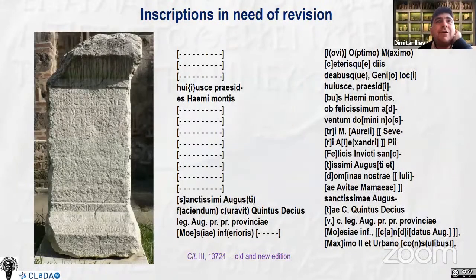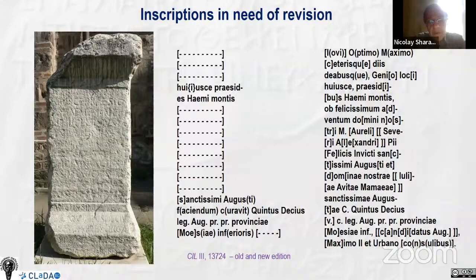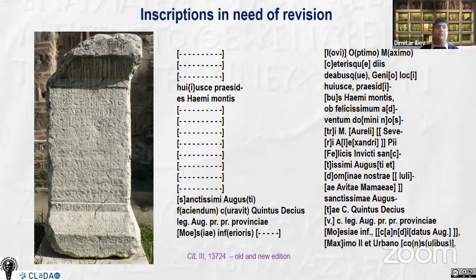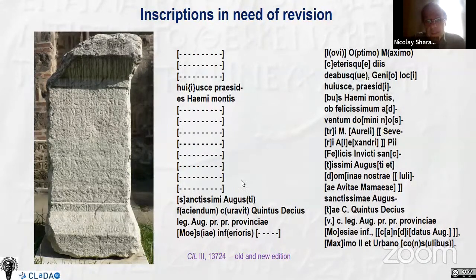Yes, this is a very interesting example. This is something which was published in Corpus Inscriptionum Latinarum. With the help of RTI imaging and repeated revisions, we were able to restore the complete text, because in the previous edition, only the beginning and the end were read, and in the middle part, it was said there are 6 or 8 or 10 missing lines.